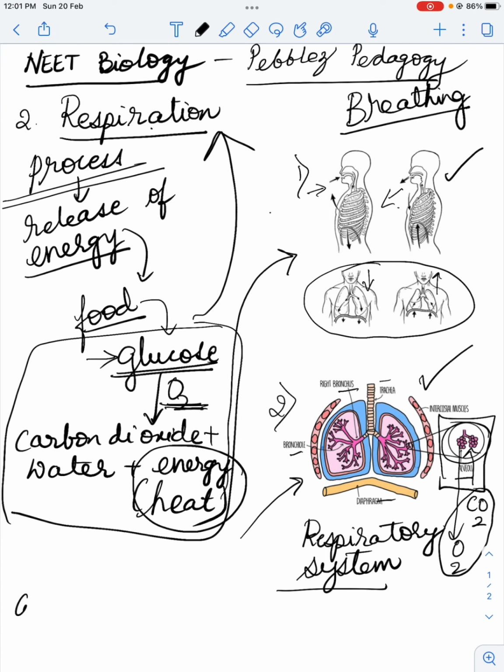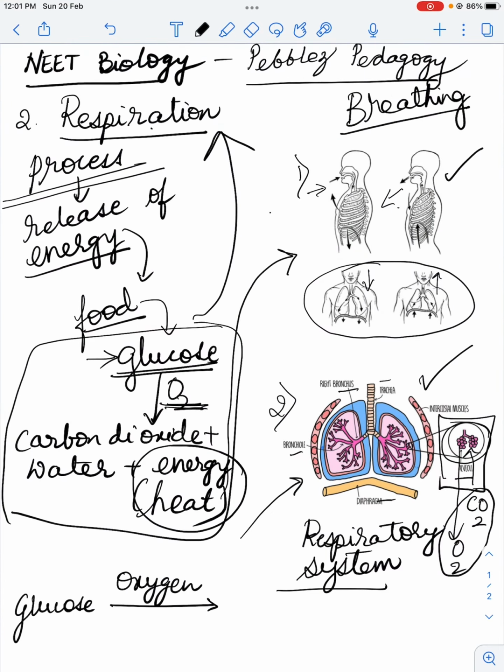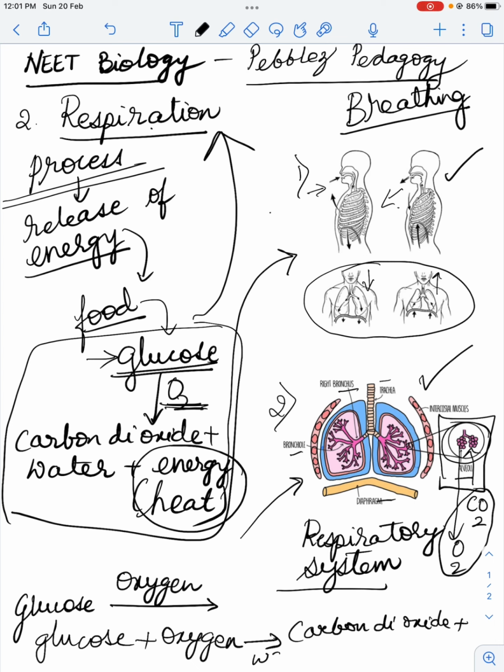So the word equation for respiration is: glucose plus oxygen gives you carbon dioxide plus water plus energy.